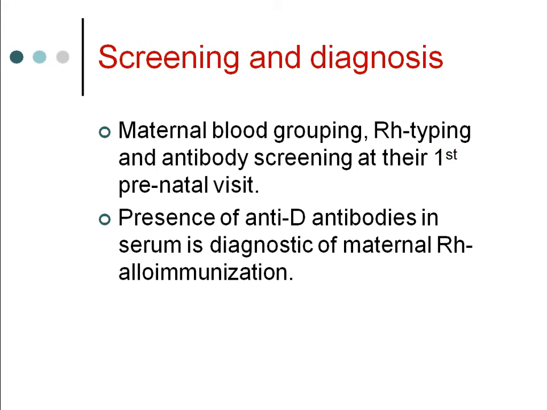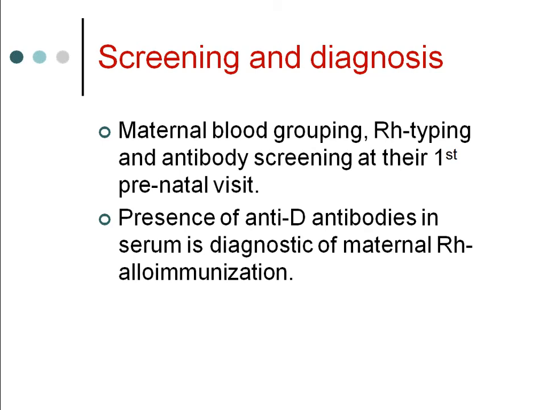Okay. So if it turns out to be an Rh negative mother, then next you try to find out what is the blood group of the father. If the father is also Rh negative, mother is also Rh negative, so the child is bound to be Rh negative. So there is not much of a problem.